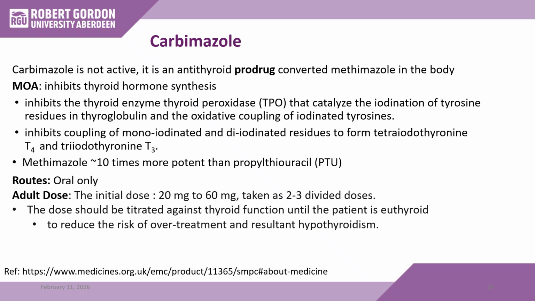Okay. There are two approaches to follow when it comes to maintenance dose here. So we have the maintenance regimen where you gradually reduce to a low daily dose. We have the block and replace where you continue a fixed dose of carbimazole and add in levothyroxine. Okay.